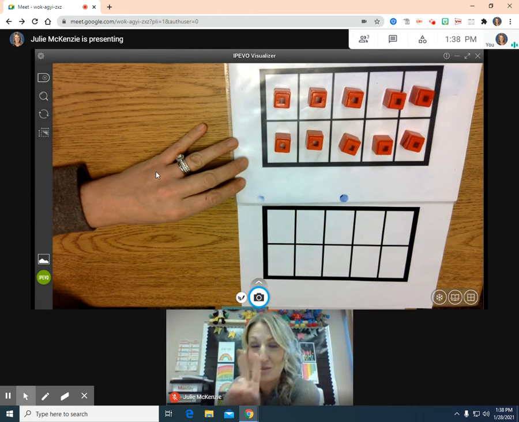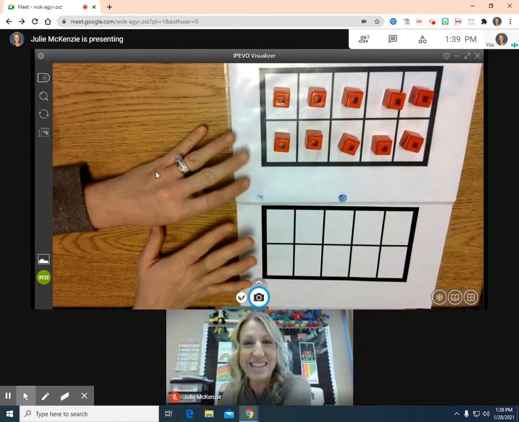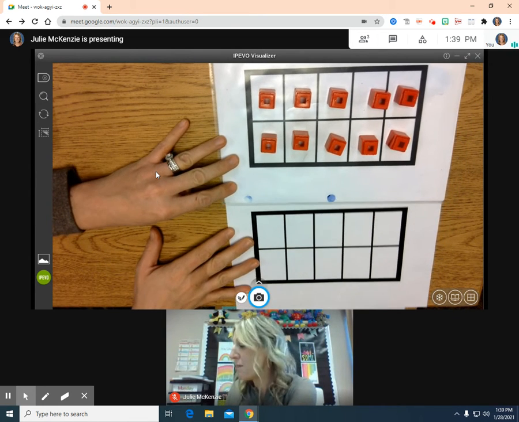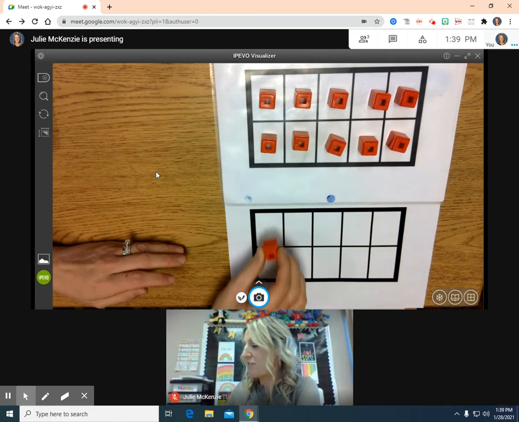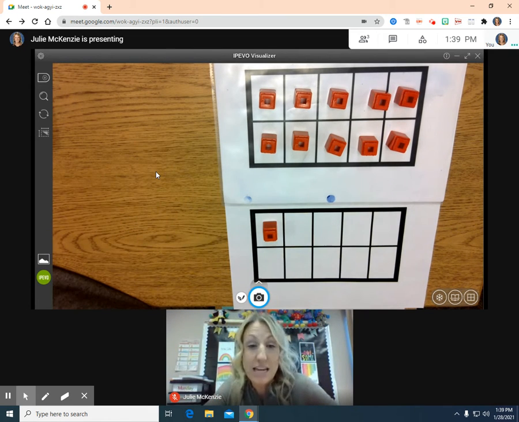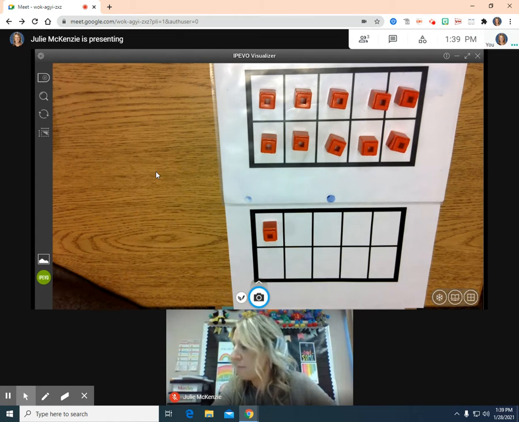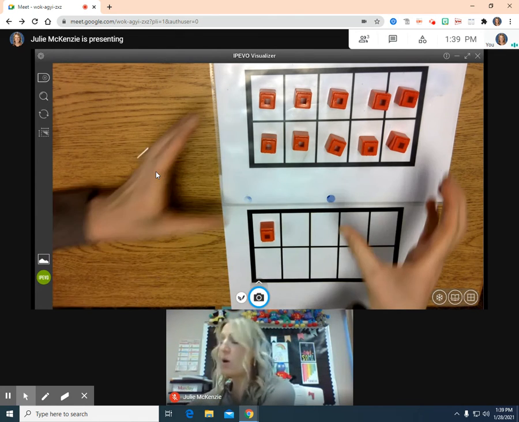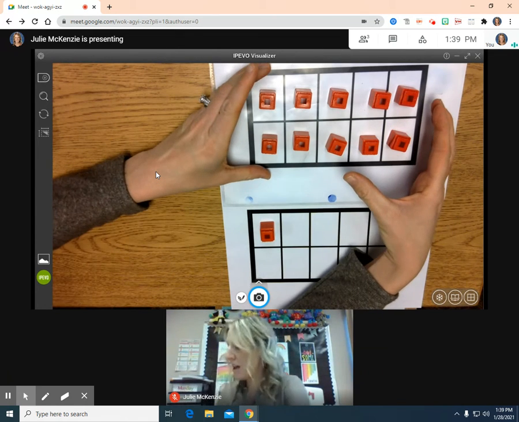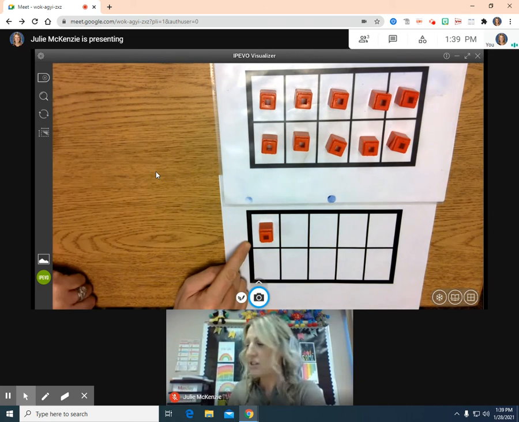I'm going to use 2 10 frames. But we are pretending that these are tables. So my other guests can come and have a place to sit at my table. Now I have 11. If I have a number bigger than 10, I need to add another 10 frame. 11 is one whole group of 10 and then one extra.